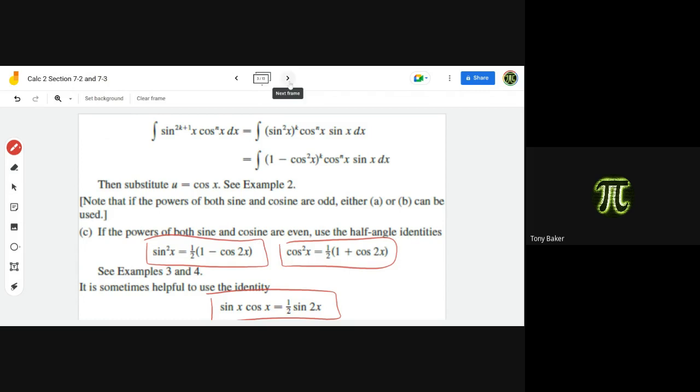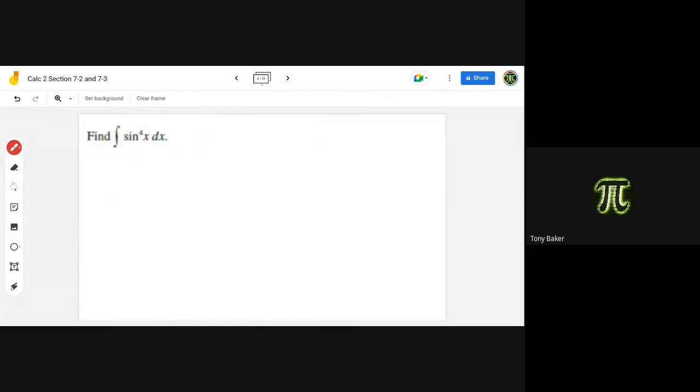Okay. All right, so let's look at this one. So this one, the way it's set up, I don't have sine and cosine, so I don't have an odd value there. So I can't do that method. But I can use what we just looked at.